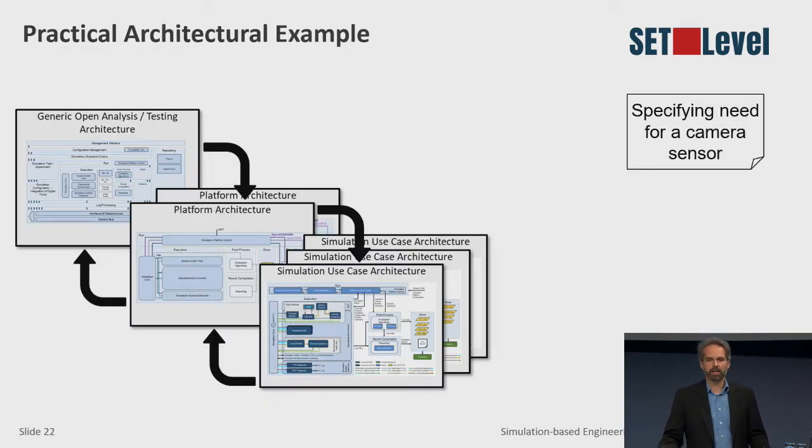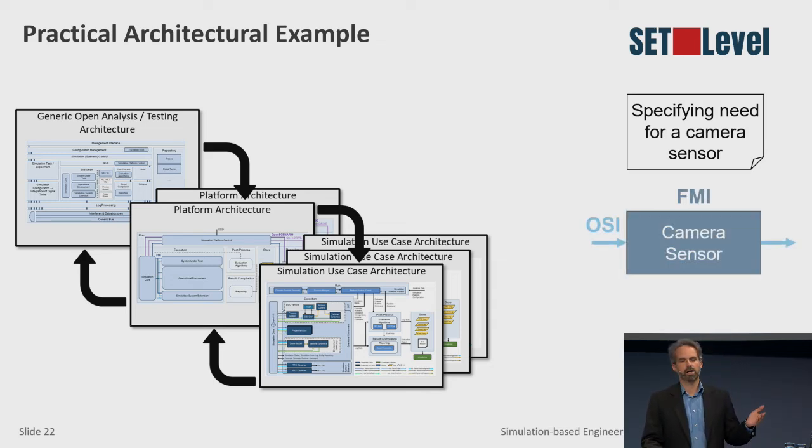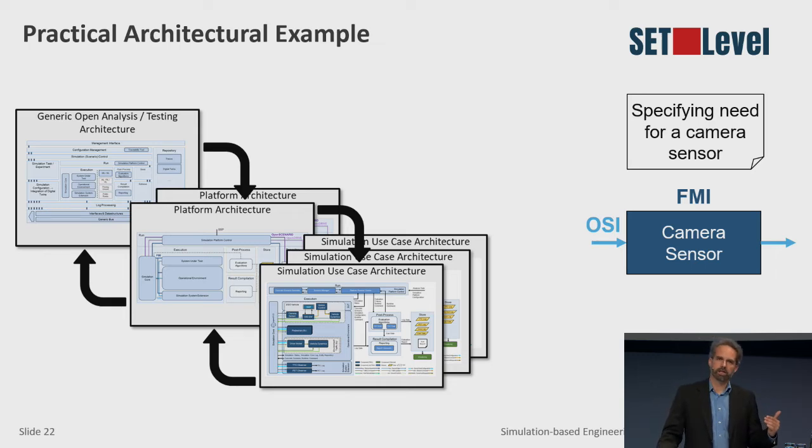So ending with one tiny specific example of a camera sensor according to the different levels. On a generic level, you would define for a certain simulation task the need for a camera sensor. Then on the platform architecture level, where you think about the interfaces you want to use and the standards, you apply that.